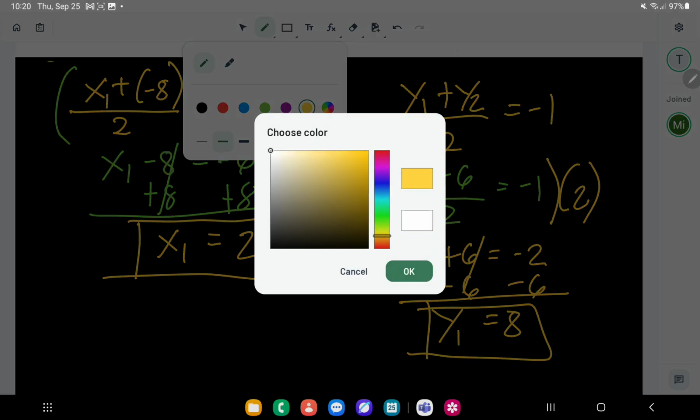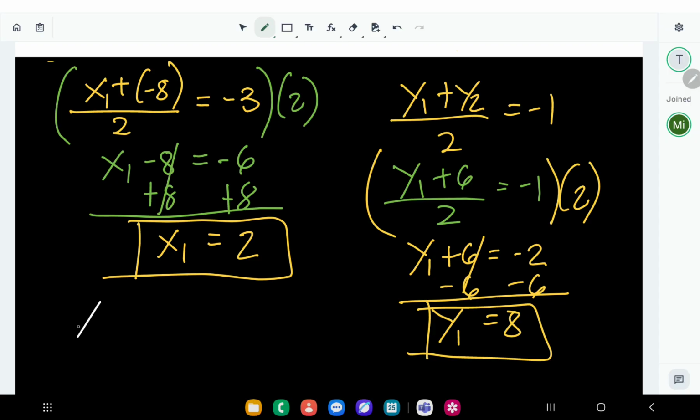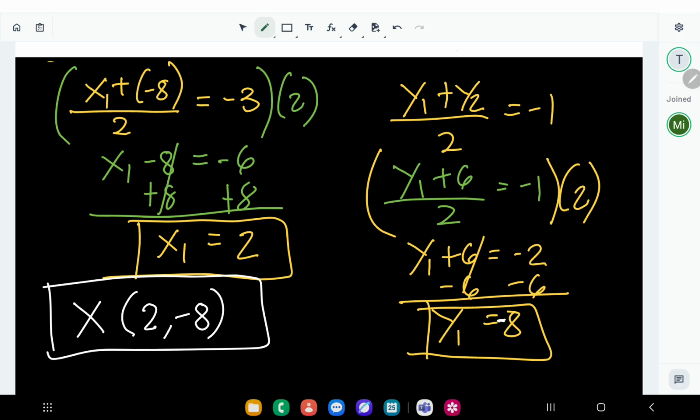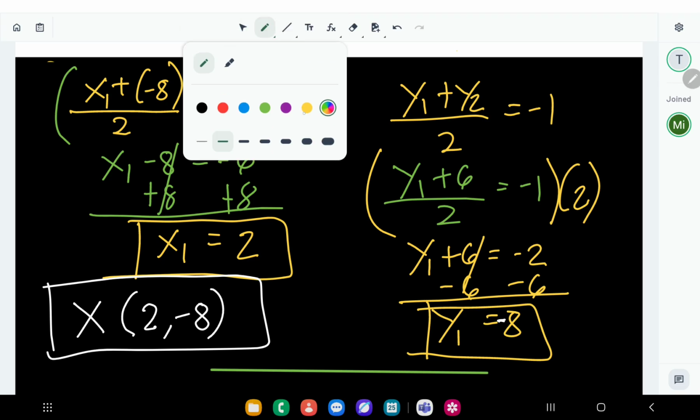Therefore, the coordinates of point x, the x and y coordinates, are 2, negative 8. From the drawing, let me draw the segment here again.